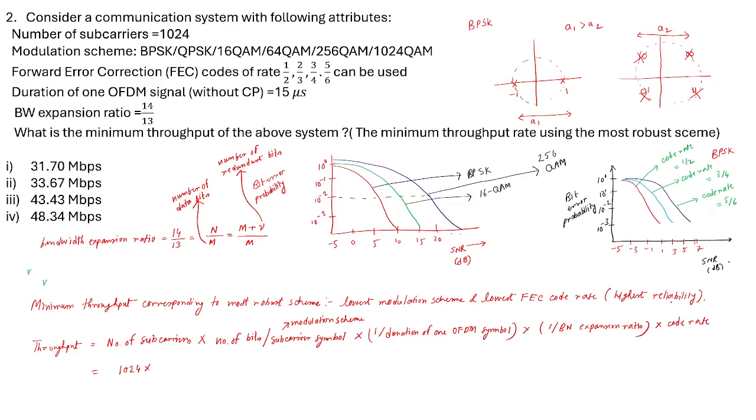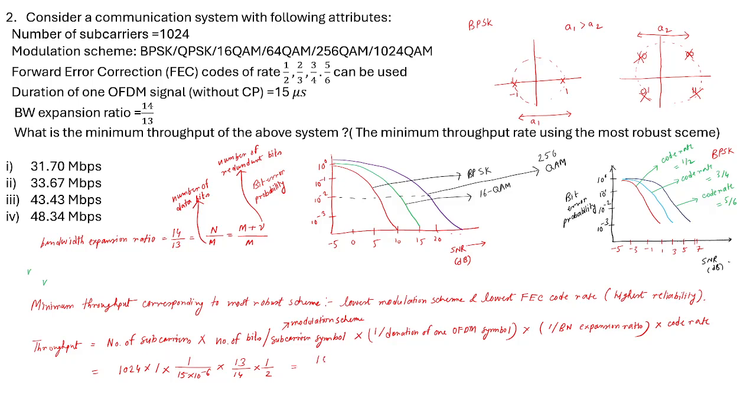So it's 1024. Number of bits for BPSK is log base 2 of 2, because the constellation only consists of 2 symbols, therefore it comes out to be 1. And the duration of OFDM symbol is 15 microseconds, so it's 15 times 10 to the power minus 6, into 1 over bandwidth expansion ratio, which is 13 by 14, a fraction, and then the code rate, which comes out to be half.